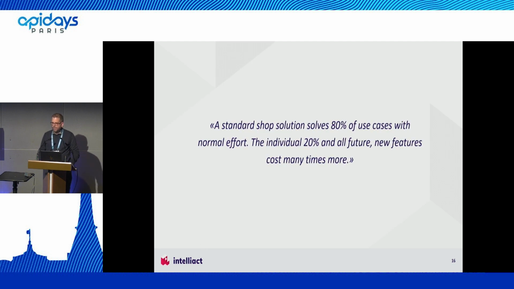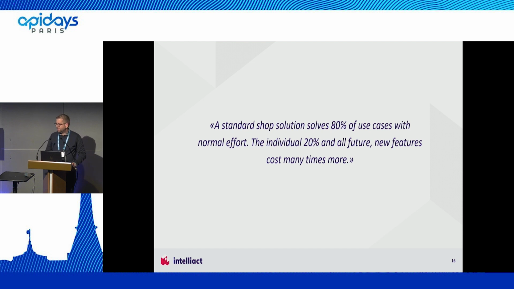Then we were looking for a shop system that we could use to support all those different use cases through the customer journey. A standard shop would solve 80% of the use cases, but the individual 20% and all future new features that we don't even know about will cost many times more. And probably you've seen the comic about the web interface standards, where you finally end up with as many standards as customers.